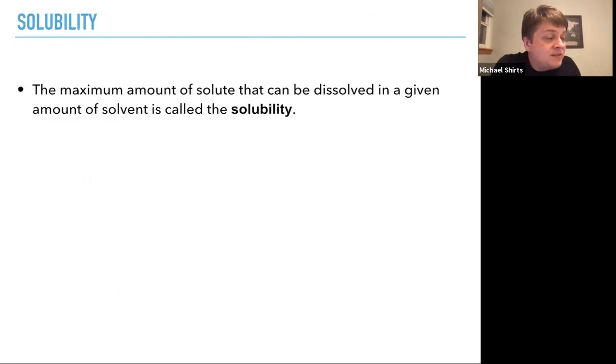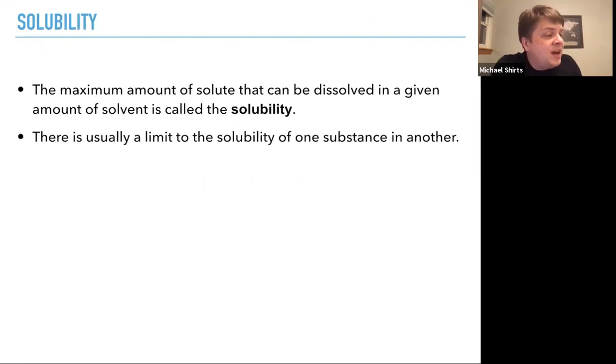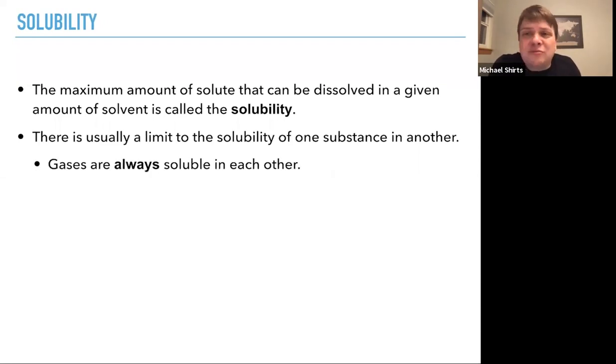The maximum amount of solute that can be dissolved in a given amount of solvent is called the solubility. There's usually a limit to the solubility of one substance in another, because at a certain point of loading, you start changing the solvent-solvent interaction substantially, and that frequently is where you stop being able to put more in. Gases are always soluble in each other because there are no interactions to overcome.